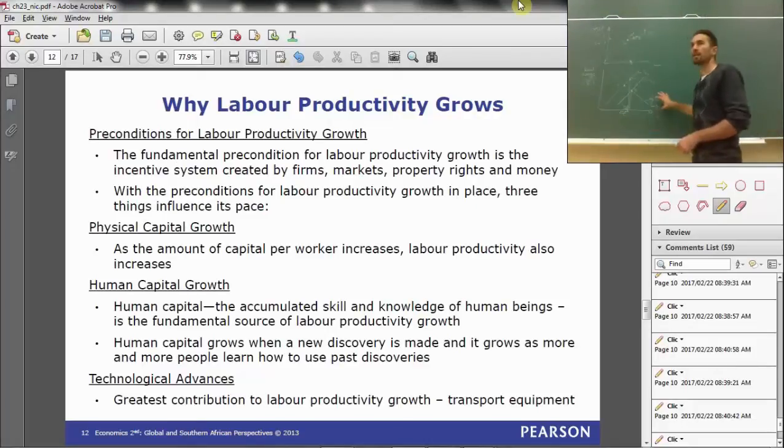There's a lot of discussion in the textbook about basically saying all of this depends on labor's incentives, okay?